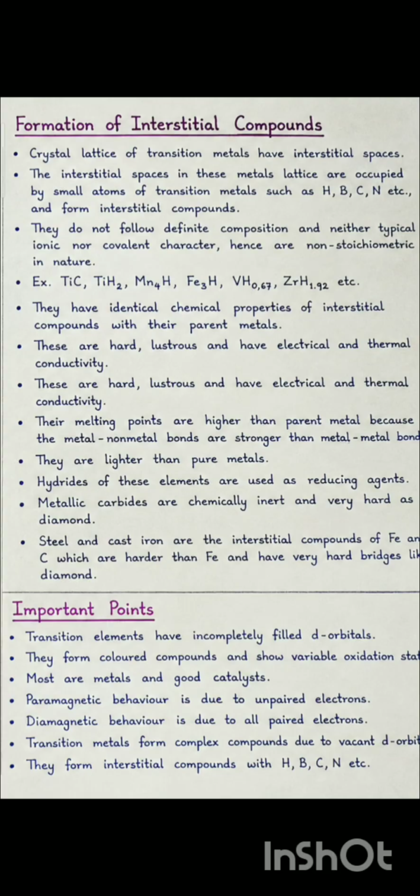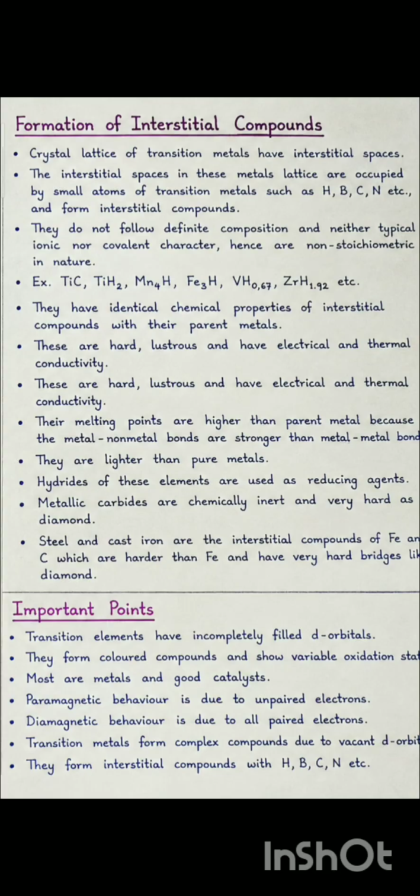Their melting points are higher than the parent metal because the metal non-metal bonds are stronger than metal-metal bonds. They are lighter than pure metal. Hydrides of these elements are used as reducing agents. Metallic carbides are chemically inert and very hard, like diamond.